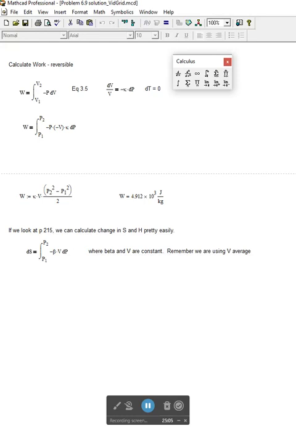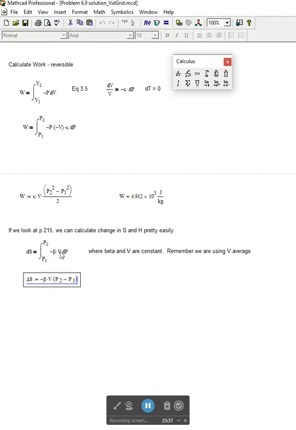What you have here is the equation for entropy change. So dS is equal to, and this is because temperature is constant, minus beta times V dP. Beta is constant. Remember, we can treat V as constant at the average, and this is dP from P1 to P2. We don't have to do much of anything, right? And so we can calculate delta S just by simple integration.